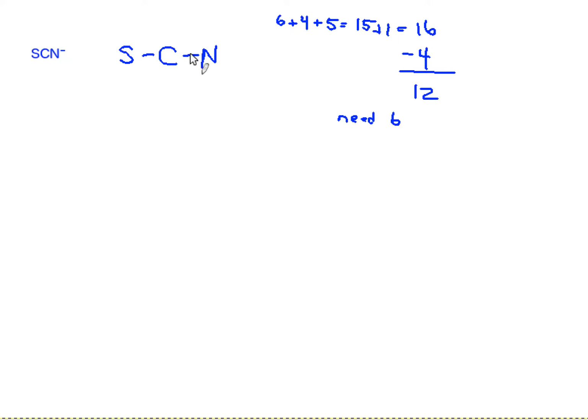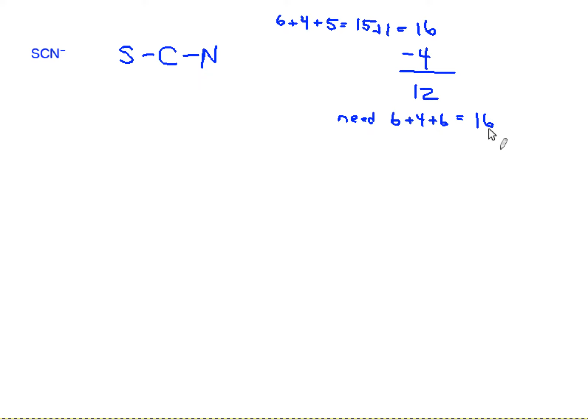This carbon has 4 electrons, so it needs 4 more, if we were to add it as lone pairs with no one sharing. This nitrogen has 2, it's going to need 6 more. And so we would need 16 electrons if there was no sharing with bonds.